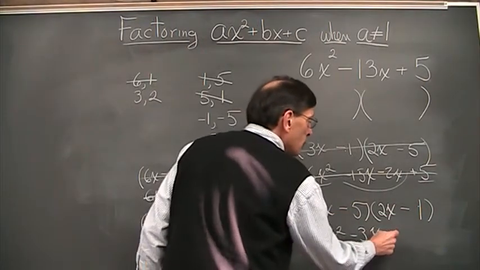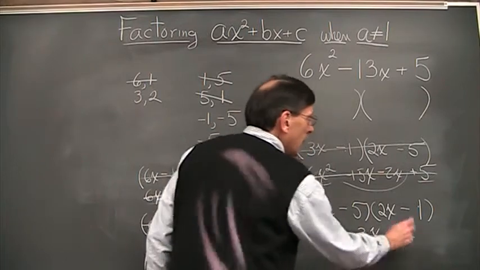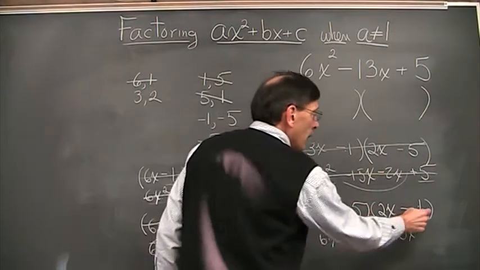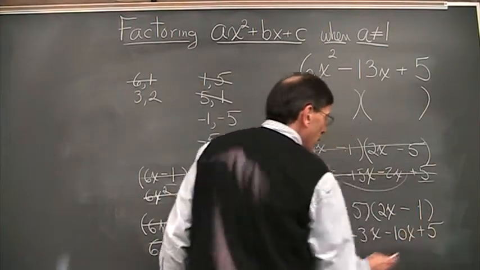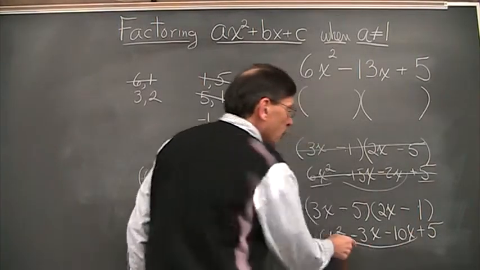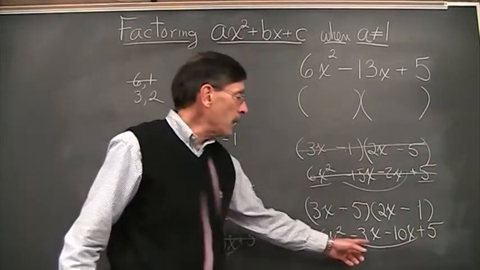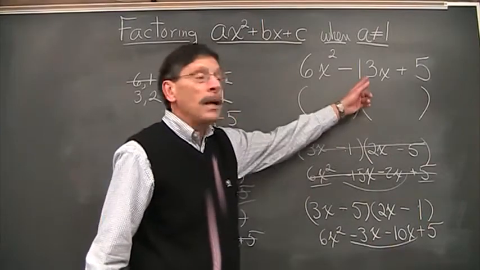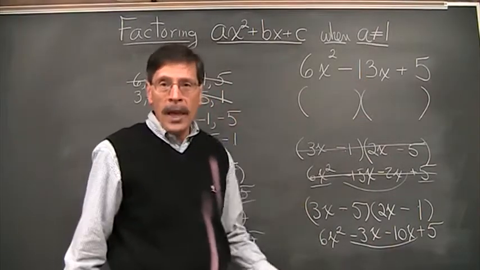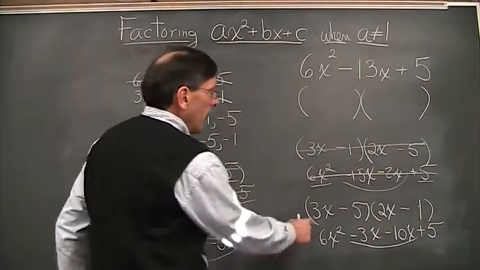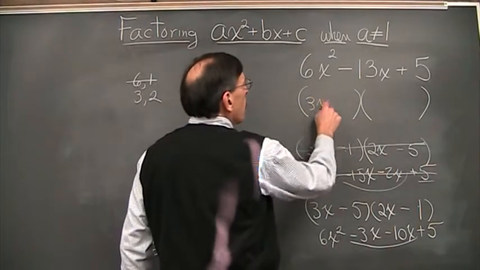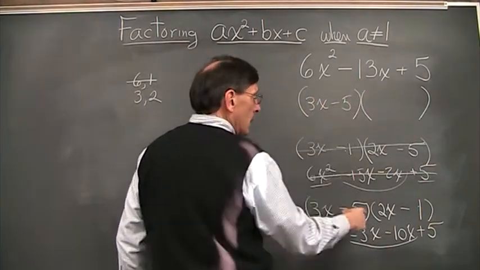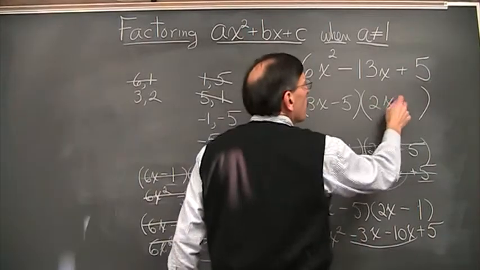Negative 5 times 2 is a negative 10x. And negative 5 times a negative 1 is a plus 5. And if you take a look at the middle term now, negative 3x and negative 10x give me my negative 13x. We have our answer. The factored answer is 3x minus 5 times 2x minus 1.